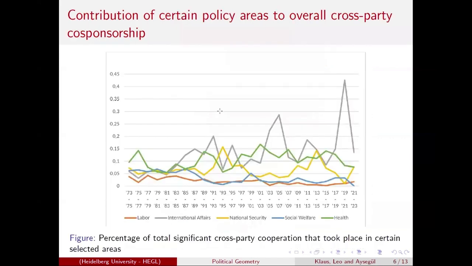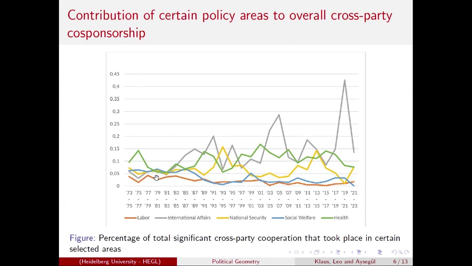Another field we were looking into was the following. We were asking ourselves which policy areas contribute most to cross-party cooperation, and this graph tells you more about that. On this axis we have a percent scale, and what it tells you is, out of all bills that were created by cross-party cooperation, what percentage originated from different policy areas.